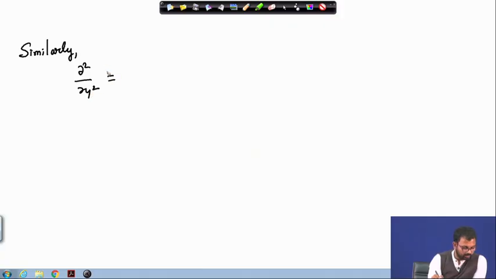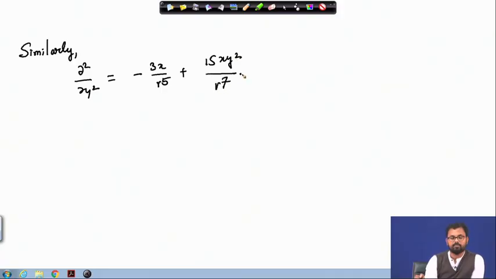If you calculate, then it will result into minus 3x by r to the power 5 plus 15 x y square by r to the power 7, where the given vector function was x by r cube.